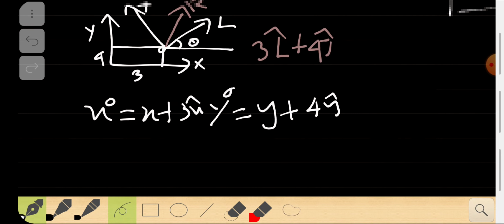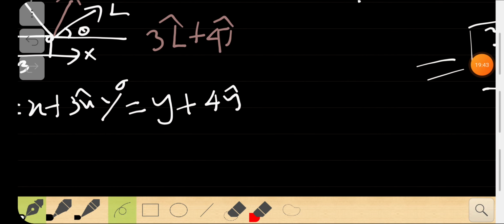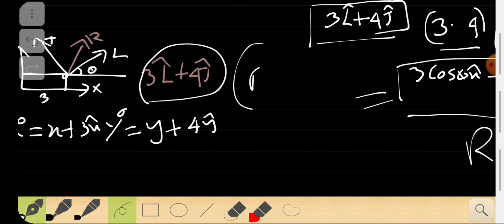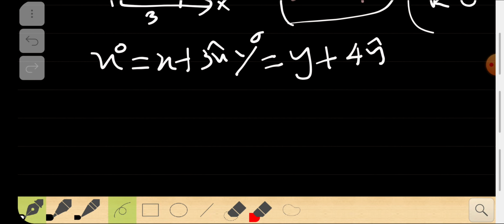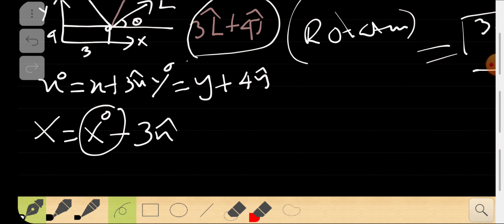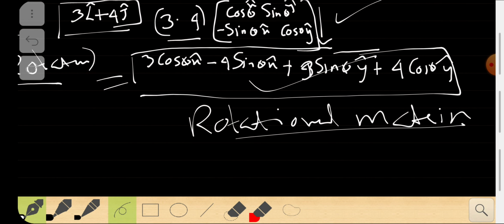You can multiply this vector with the rotational matrix now, and then you have to subtract 3x cap from the value found from this multiplication. From this multiplication you get 3 cos theta x cap minus 4 sine theta x cap.